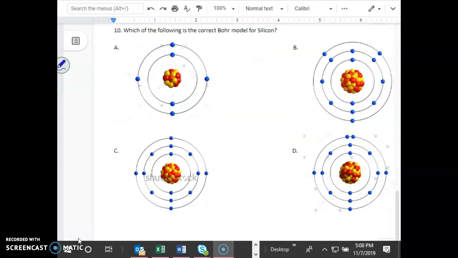Which of the following is the correct Bohr model for silicon? For silicon, we use the periodic table to check out the information that we need. We know that silicon has an atomic number of 14, and so that means it also has 14 protons. It also has 14 electrons. We're not given enough information to get the mass necessarily, but we know that the protons are found inside the nucleus.